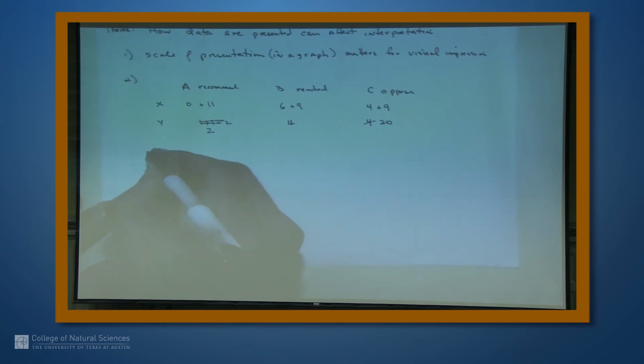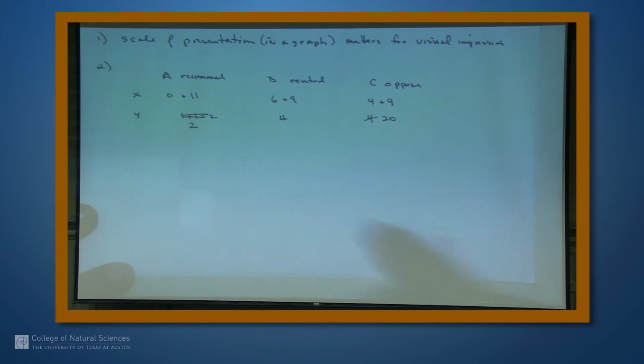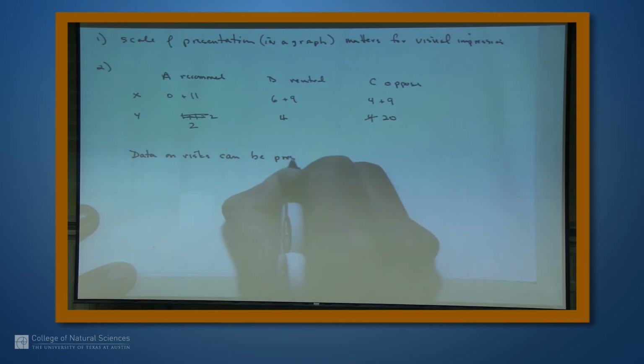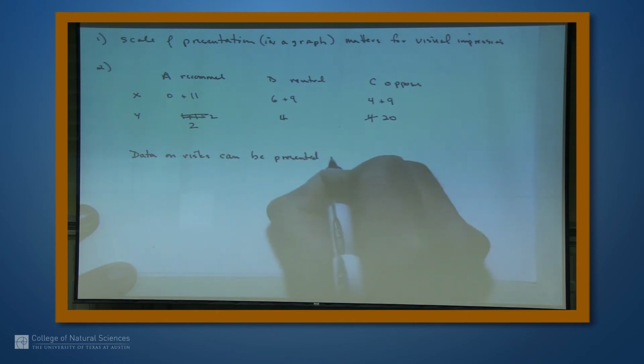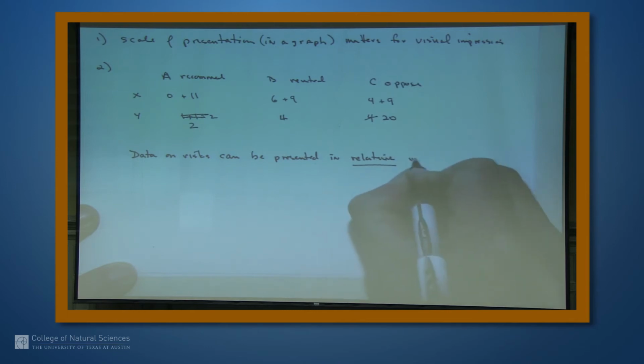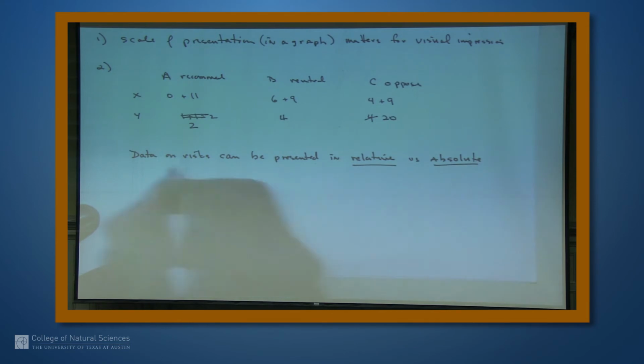So the point here is data on risks can be presented in relative versus absolute terms.